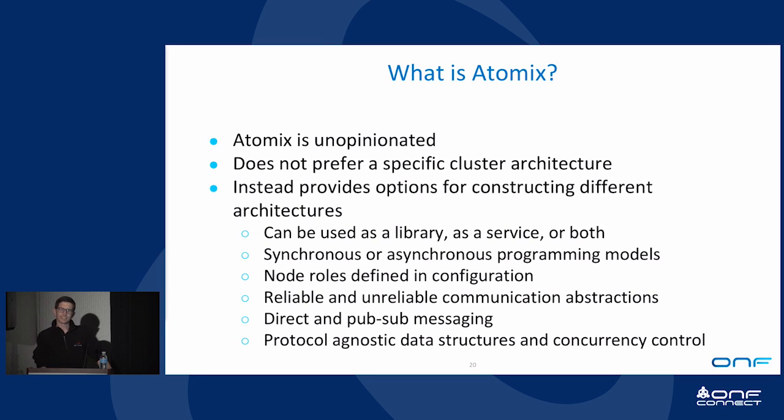So the key tenet to Atomix 3 after this big refactoring effort is that it's unopinionated as to the architecture of clusters, and this is really important for the long-term evolution of ONOS as well. In other words, it doesn't prefer a specific cluster architecture, and you'll see what I mean as we get into it. Instead, it just provides options.